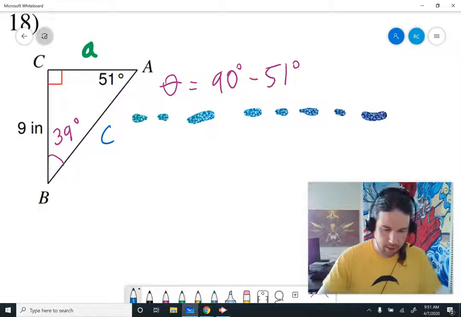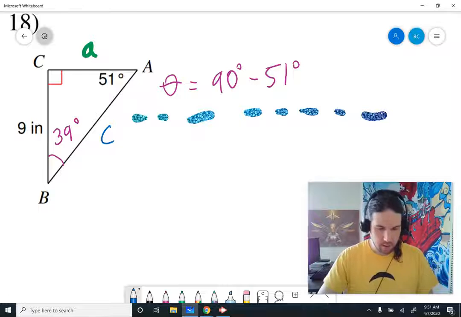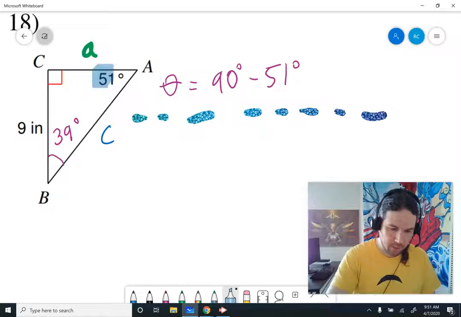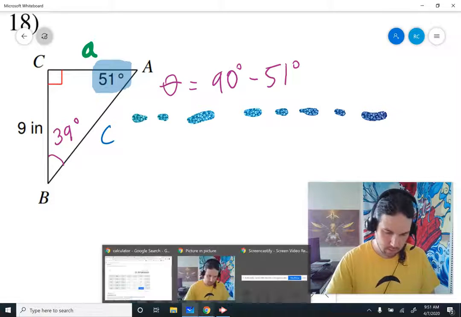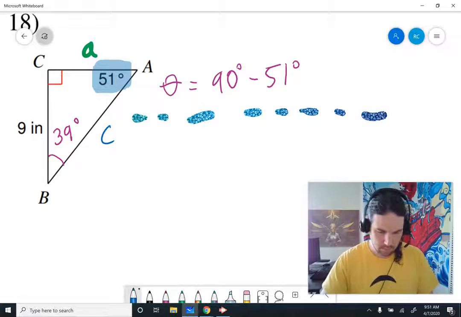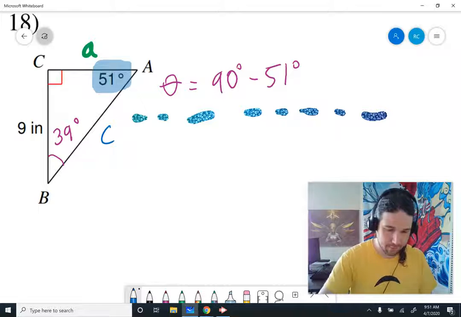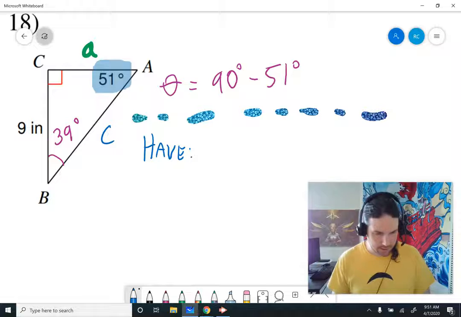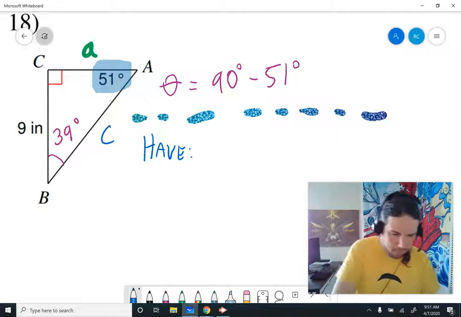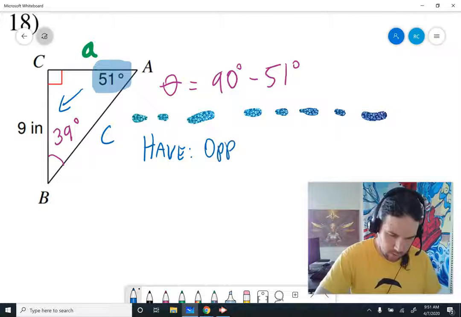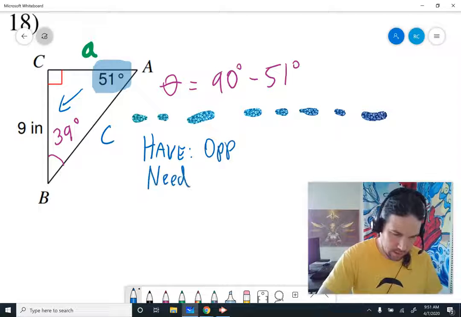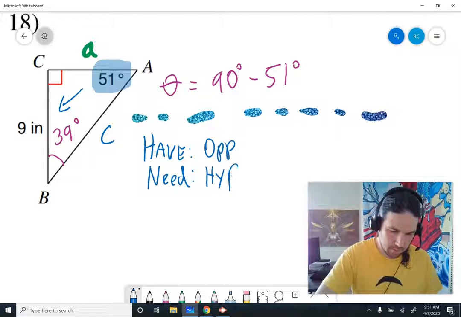So I know that from angle 51 degrees, let's see, I have, from 51 degrees, the opposite leg. And I need the hypotenuse.